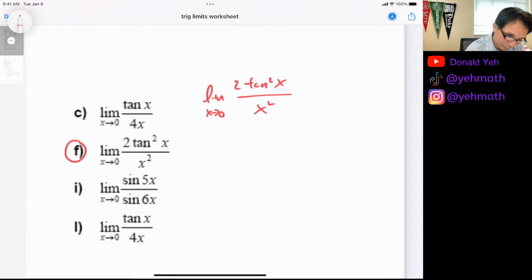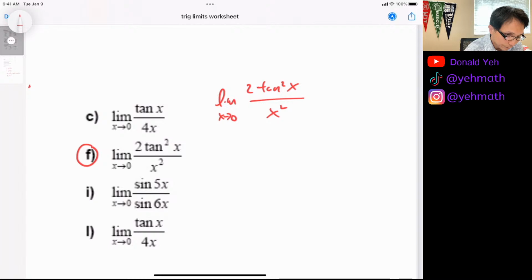Okay, so we know sine of x over x, but the problem is we have tan squared of x over x squared. What's the best way to approach this?